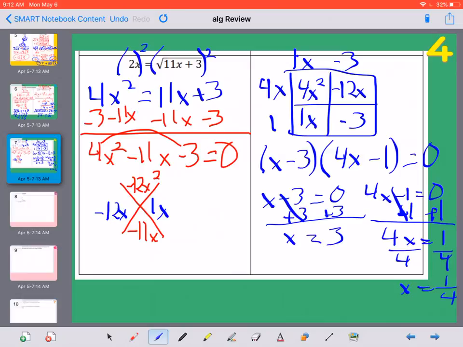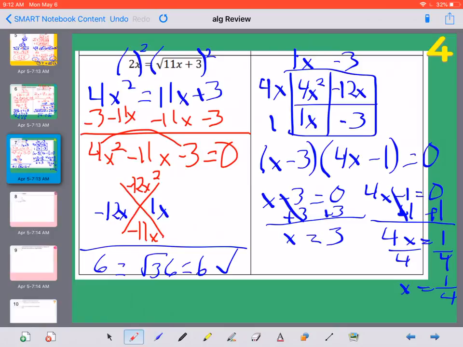So now I would check these to see if they are extraneous. If I put x equals 3 in, I would have 2 times 3, which is 6. Then 11 times 3, which is 33, plus 3 gives me the square root of 36. Square root of 36 is 6, so x equals 3 works.